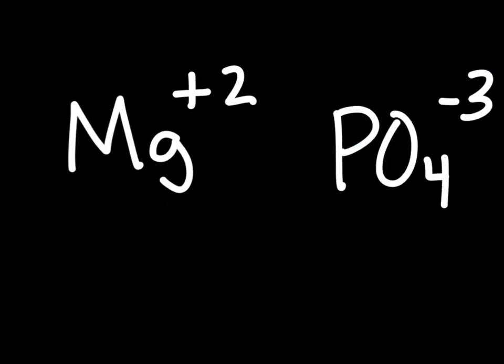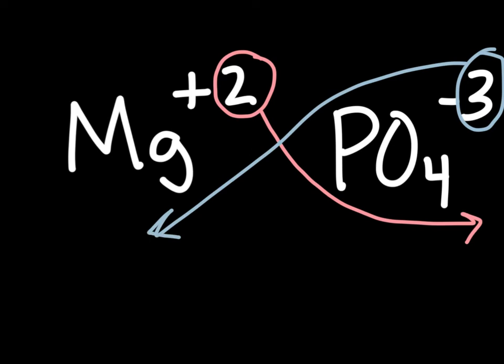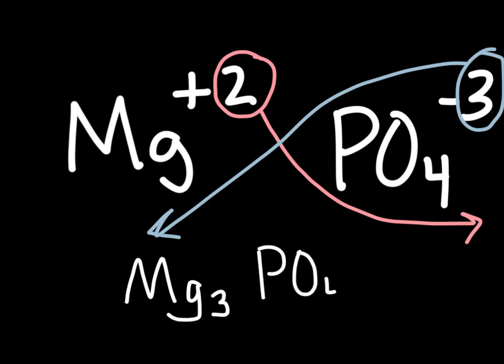Here's another example with a polyatomic ion. Again, we move the number over for both of our cation and our anion, and then we rewrite our formula. In this case, our formula will be magnesium with a subscript of 3, and then phosphate with a subscript of 2. Again, because I moved a subscript over to my polyatomic ion, I'm going to put my polyatomic ion in parentheses.